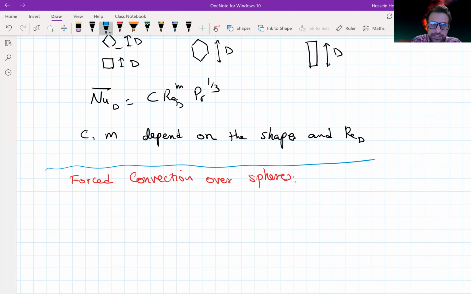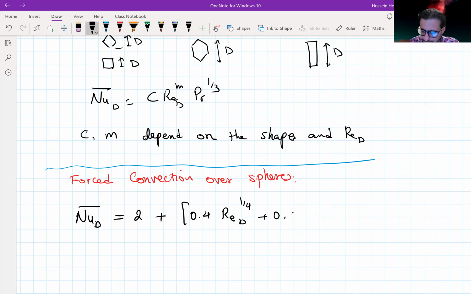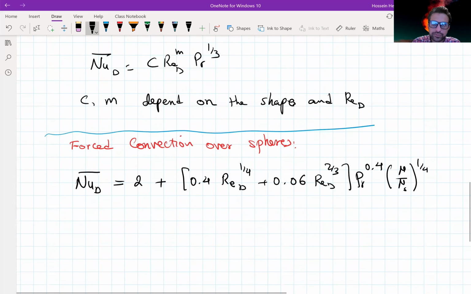One correlation is Nusselt number D equals 2 plus [0.4 Reynolds number D to the power of 1/2 plus 0.06 Reynolds number D to the power of 2/3], times Prandtl to the power of 0.4, times viscosity ratio to the power of 1/4.